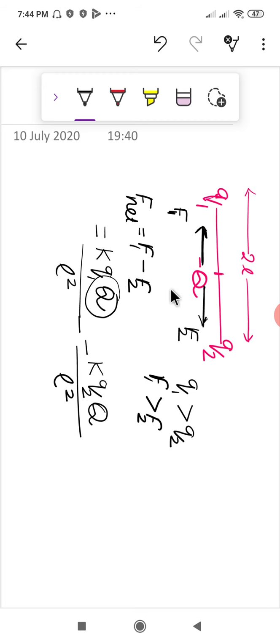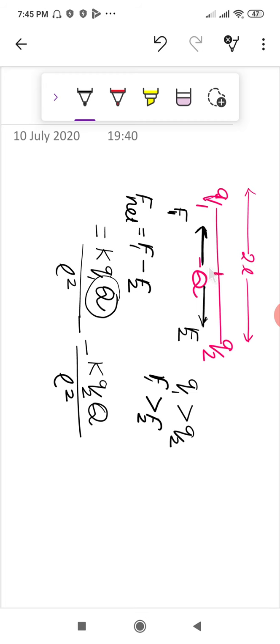So it's better you take the sign of the charges into consideration when you are placing the force vector in the diagram, and then use vector addition and vector subtraction when you are using Coulomb's law.